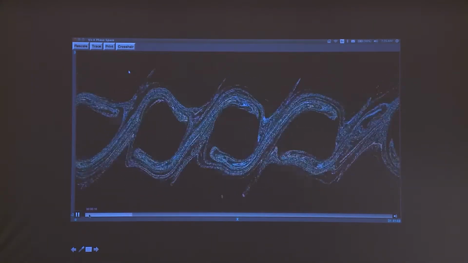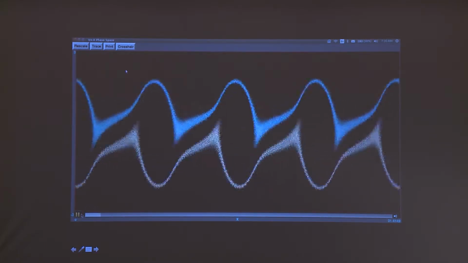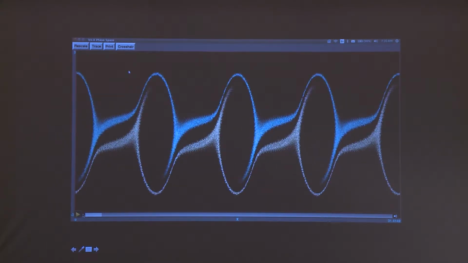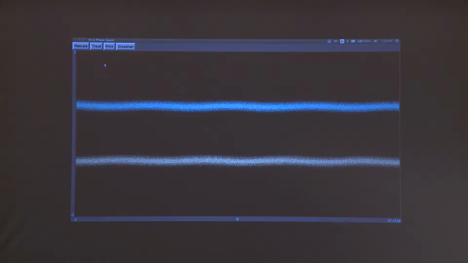Here again I'm showing you the electron phase space, the x-axis the position, the y-axis the velocity. You have two electron populations counter-streaming. They have different velocities.